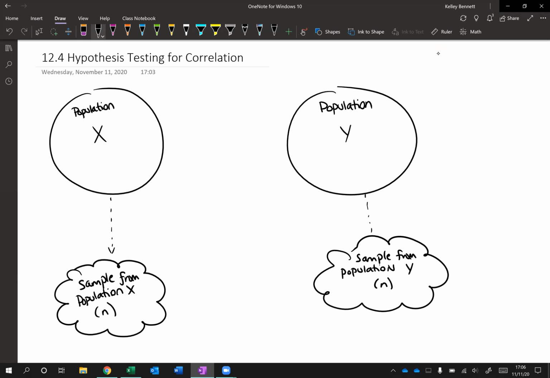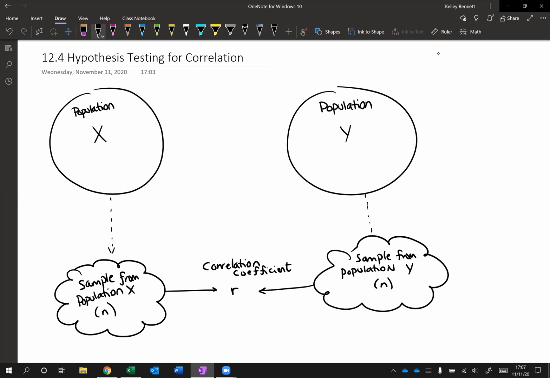We compared these two samples to each other, and we found the correlation coefficient, which we denoted with the symbol r. This correlation coefficient told us how the data was related. We had the idea of strong, weak, moderate, positive and negative, and no correlation.